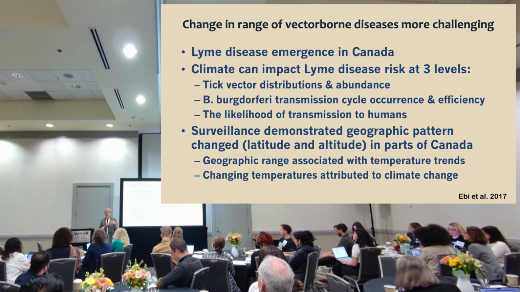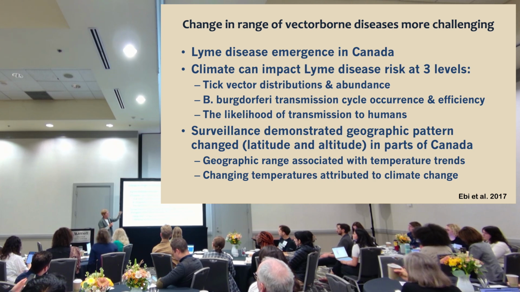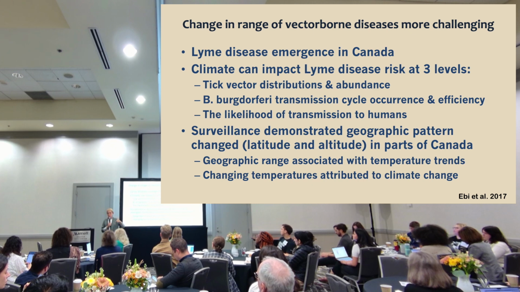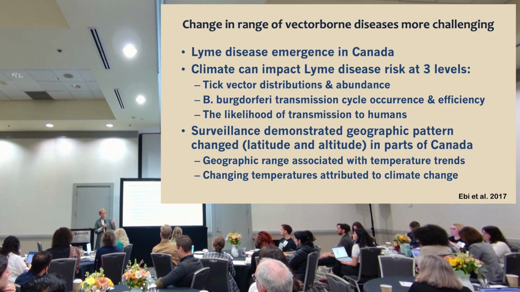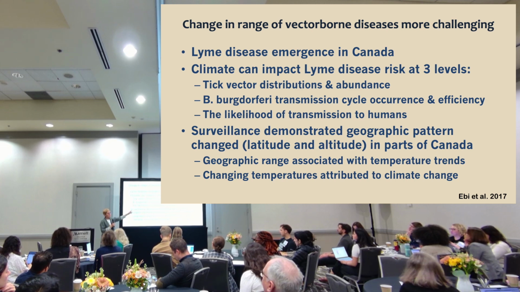Because if you have surveillance, and that's a pretty big if, it's easier to determine where you've got the mosquito. But then you've got to determine when the pathogen gets introduced into the mosquito or into the tick. And that's harder. So first you need to have the mosquito or the tick, and then you need the pathogen being introduced, and then you can start to have transmission.